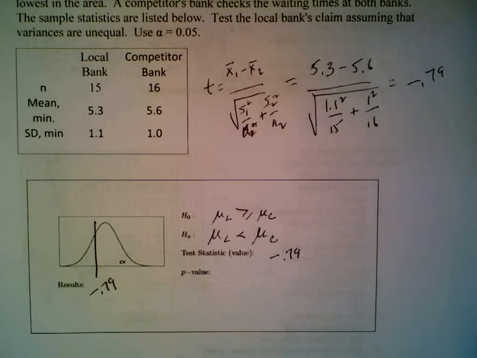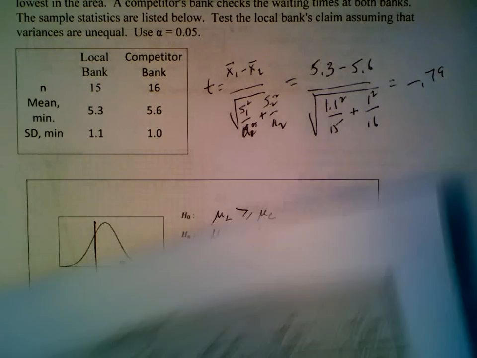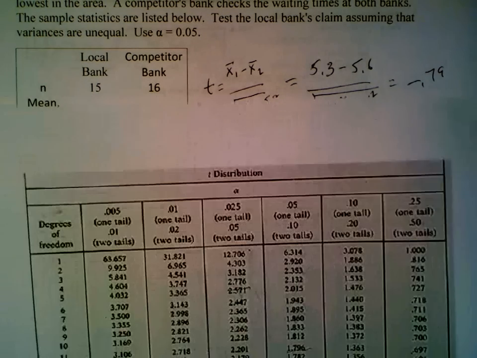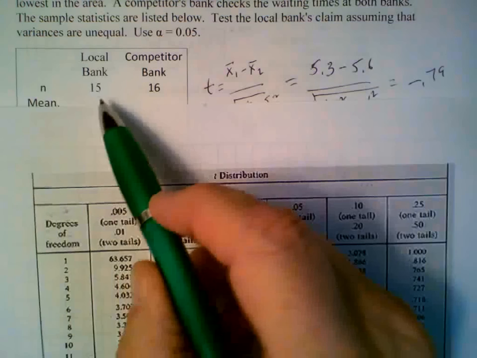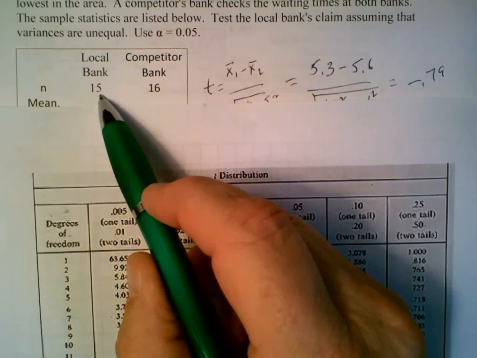Okay, and for the critical value, we go to the t-table. Degrees of freedom are one less than the smaller of the two sample sizes. So here's 15, one less than 15 is 14.